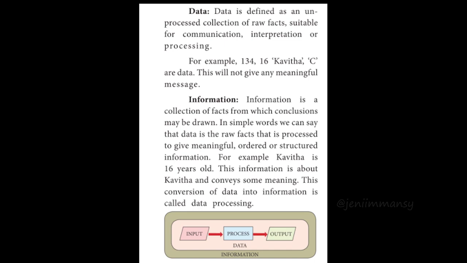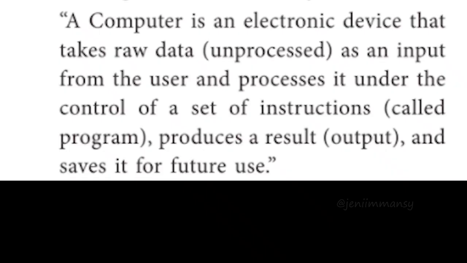So if simply a name or a detail is there, if simply a number or a grandmother, father, mother, like that, if a single word is there, we'll say it as data. And if there is a whole sentence, like she is her mother, and it gives full information or a meaning or collection of facts, from there we can know something, we'll say it as information. Okay, so this data and information is the next part, and the first one is generations of computer.